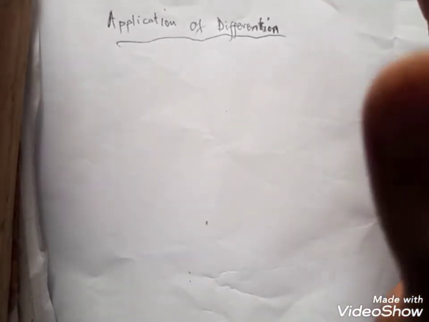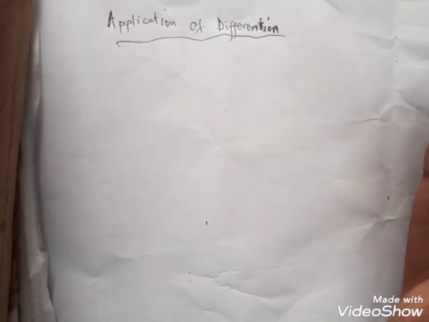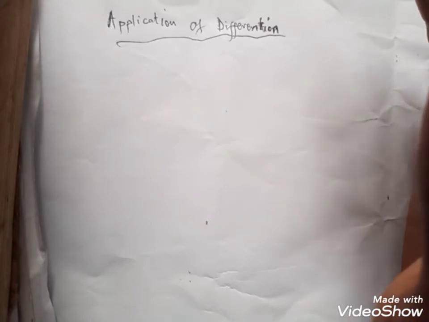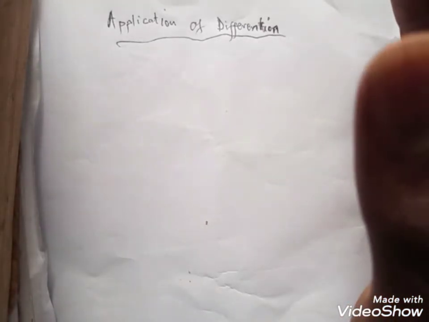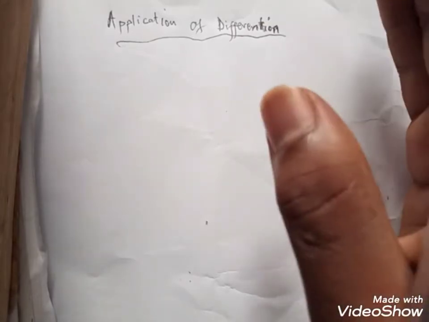So with the help of differentiation, you can determine the gradient at a point, at a particular instant, that is a point on the curve.